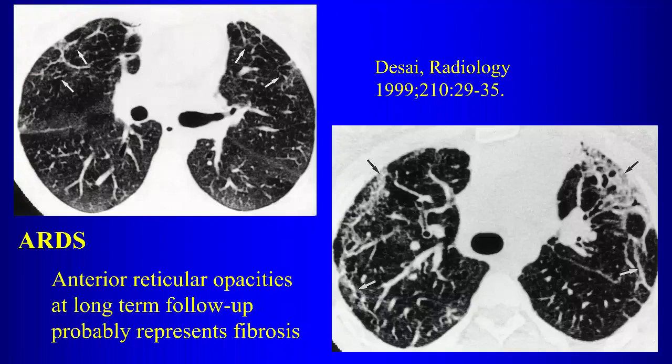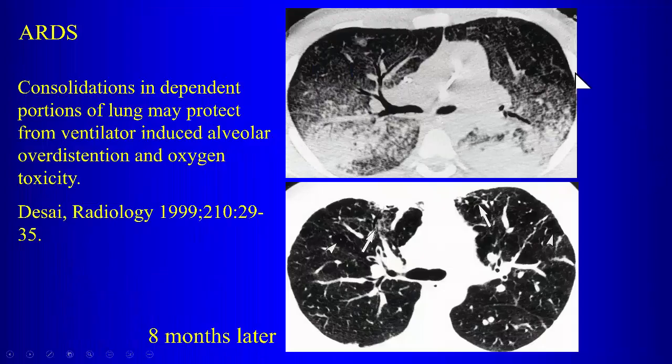And so that results in lung damage from oxygen toxicity. And so the atelectasis actually protects those regions of the lungs from the fibrosis and oxygen toxicity to kind of even out the damage in the lung. That's why rotating these patients might be helpful. So this anterior predominance of fibrosis can also be characteristic of the ARDS.